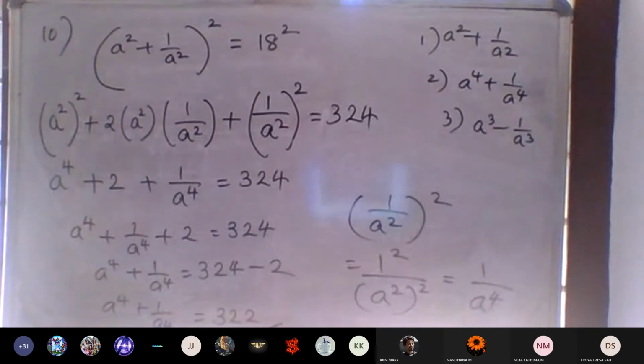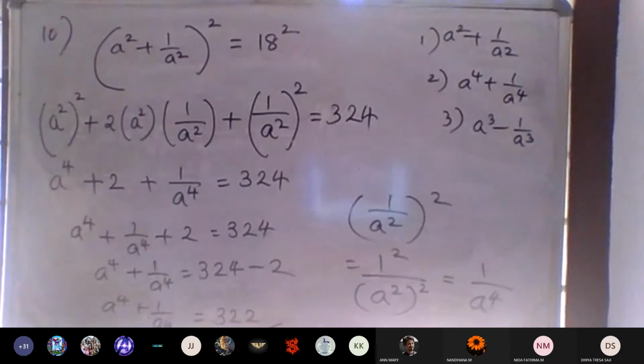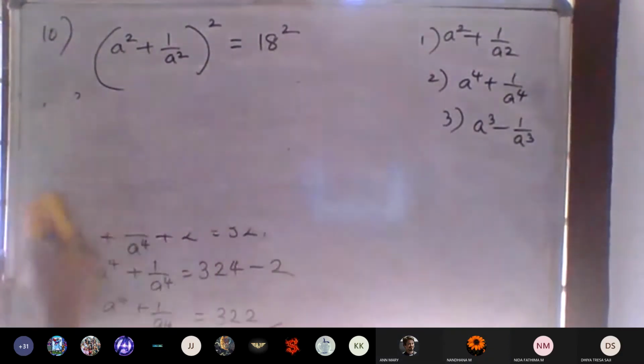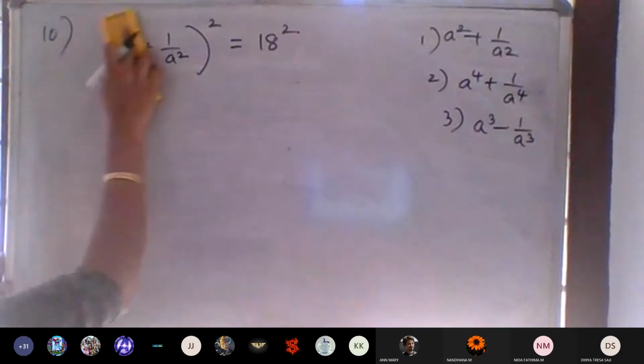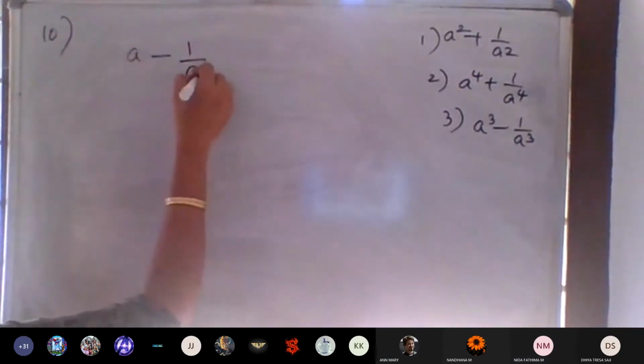Next, the third one is a cube minus 1 by a cube. We need a cube minus 1 by a cube, for which we use a minus 1 by a whole cube.